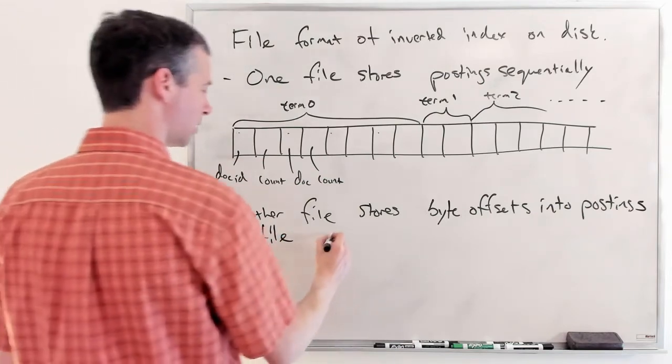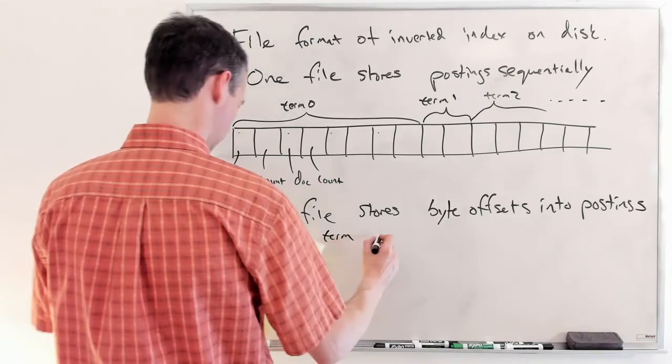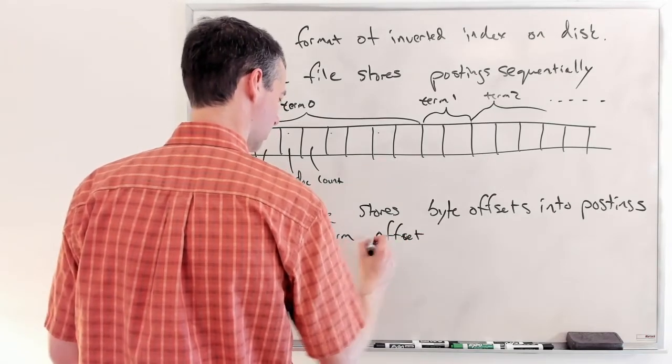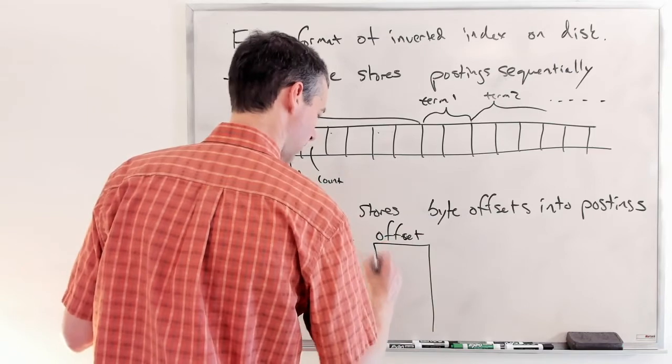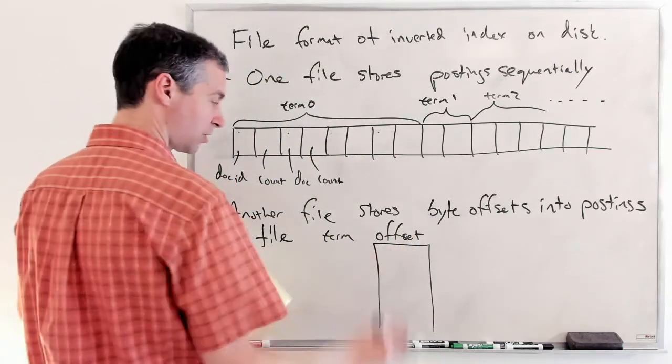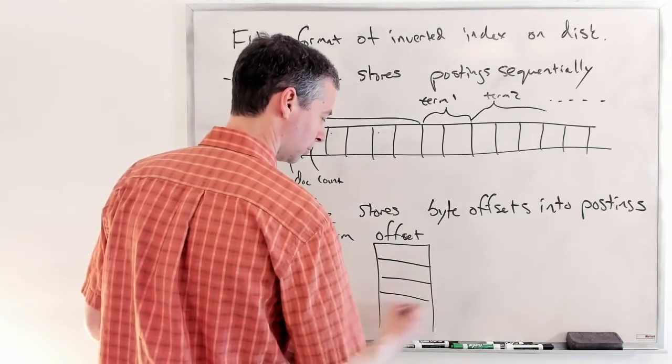So the idea here is we're going to have some term, and we're going to have some offset, how many bytes into that file that we need to go. And in fact, this file is just a stream of integers. It's one integer after another integer. Boom, boom, boom, boom, boom.